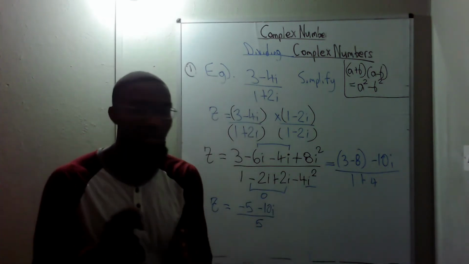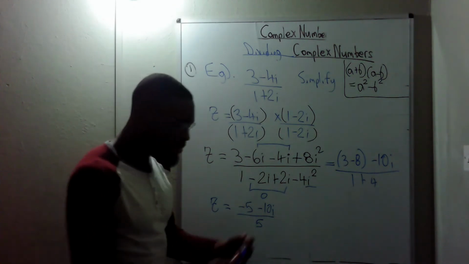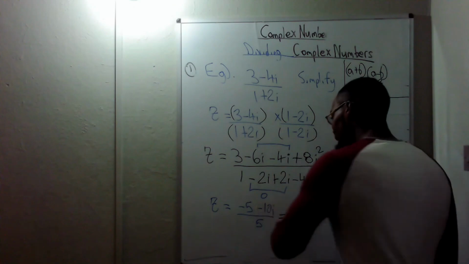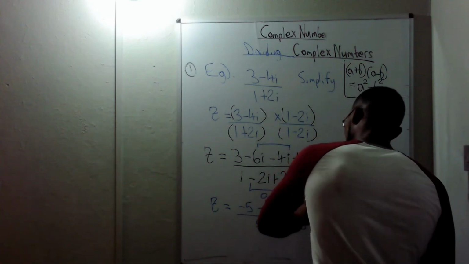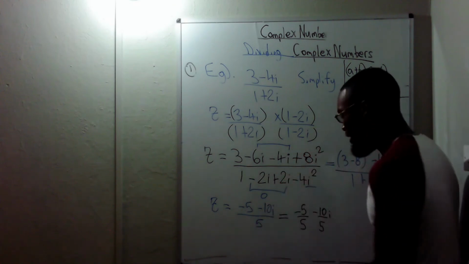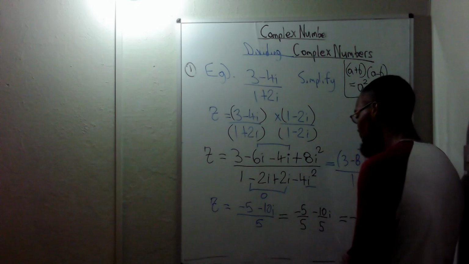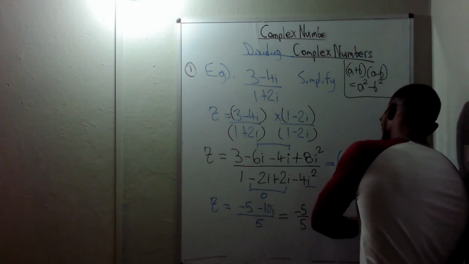Now guys, look at this. Can't we divide each term by 5? Absolutely. We can go further and break it up to get that this is negative 5 over 5 minus 10 over 5i. Now negative 5 over 5 is negative 1, minus 10 over 5 is negative 2.